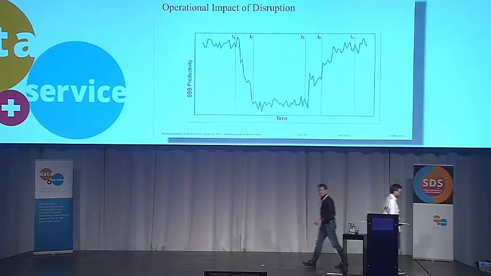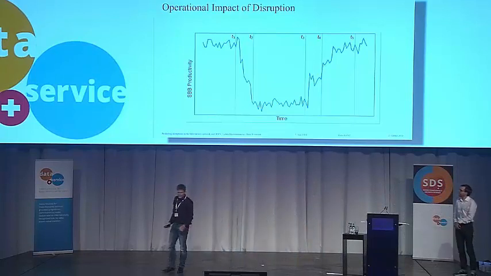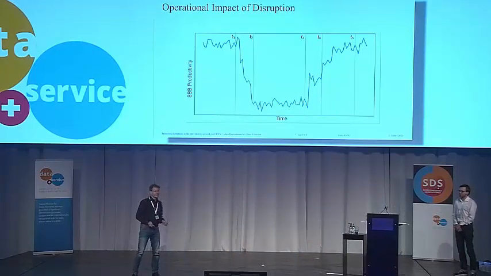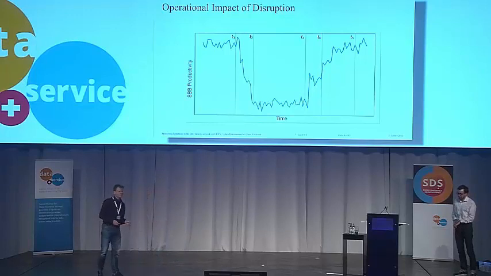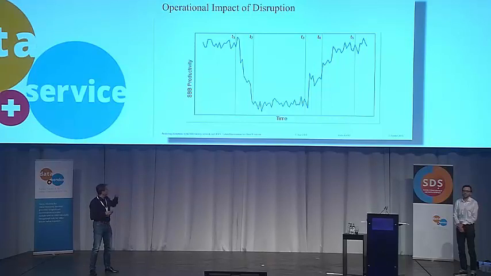Hello and welcome to the first part of this presentation. You see on this slide the SVV productivity over time in the case of a disruption. The productivity does not go down exactly at the moment of disruption, but a little bit later.